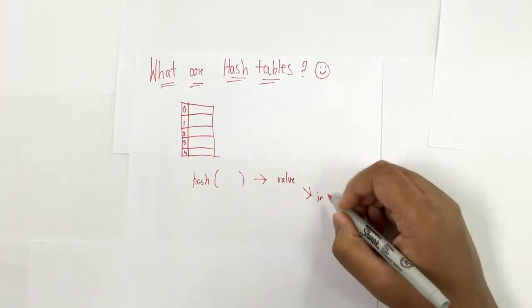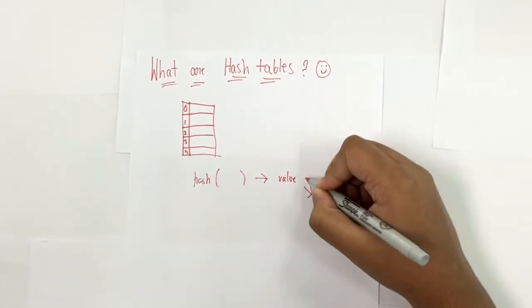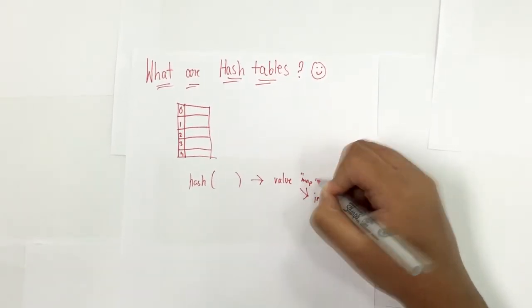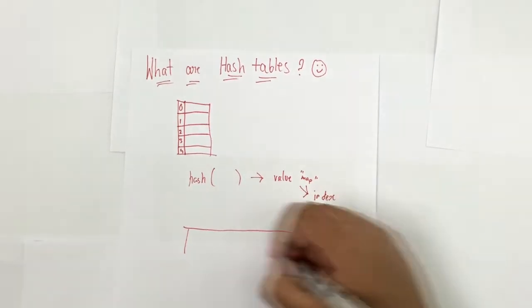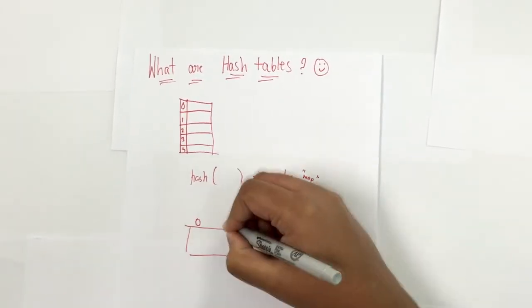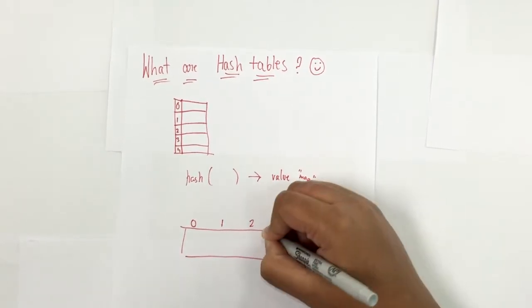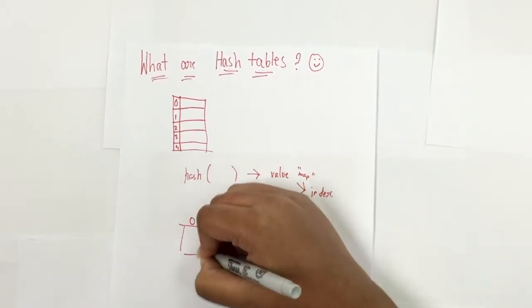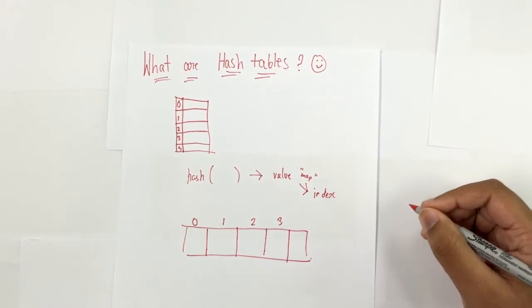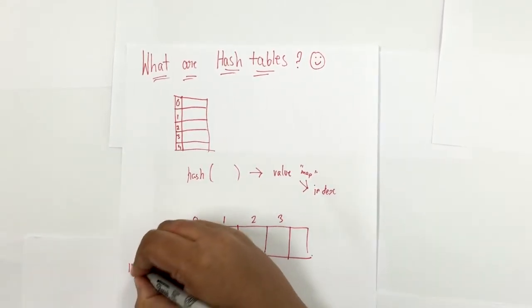Let's say we have a table here which has index values, just a small 0, 1, 2, 3. But in real life, hash tables are really big. These are just examples. Okay, now we have keys.